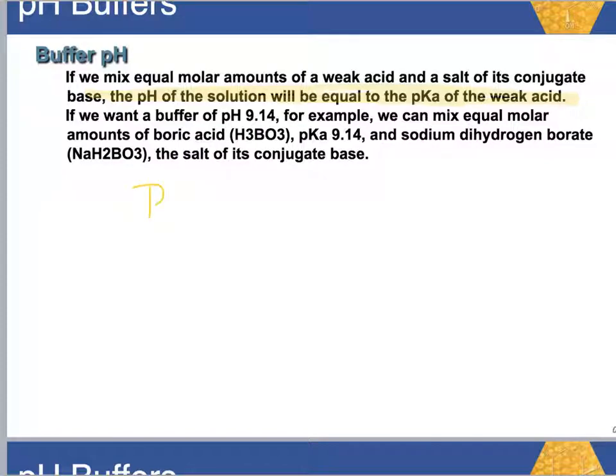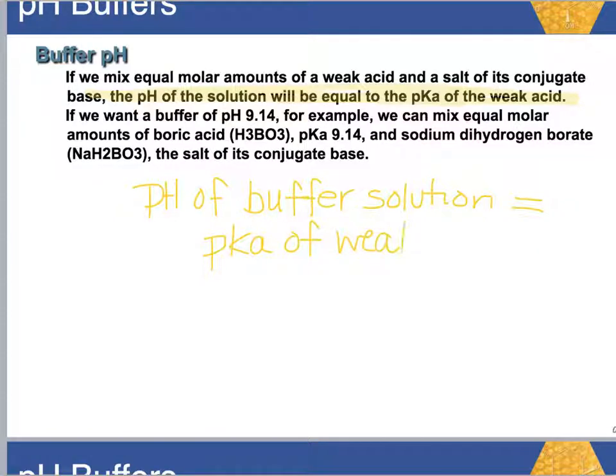So pH of the buffer solution is equal to the pKa of the weak acid. And the pKa is equal to the negative log of the Ka of the weak acid.